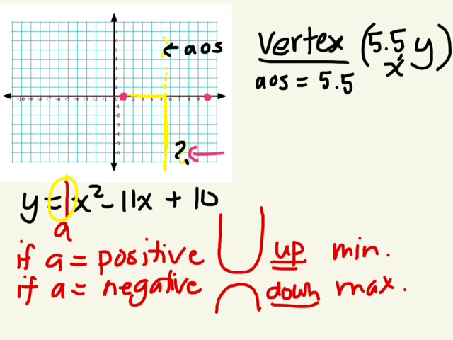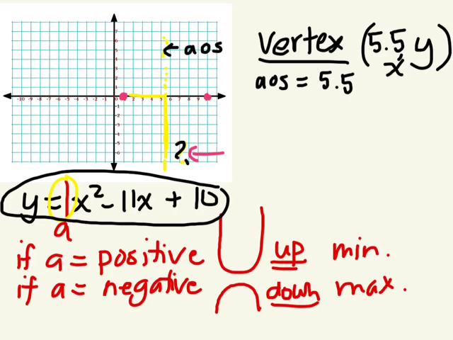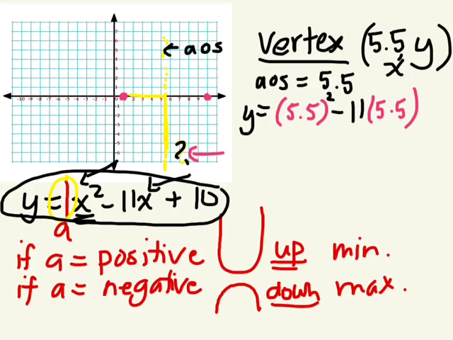In order to find the y value, we're going to use the original equation. We know the x value is 5.5. We're just going to solve for y. So y equals, instead of writing x, I'm going to put 5.5 because that was my axis of symmetry. The equation is x squared, so 5.5 squared minus 11 times 5.5, that's our x value, and then plus 10.